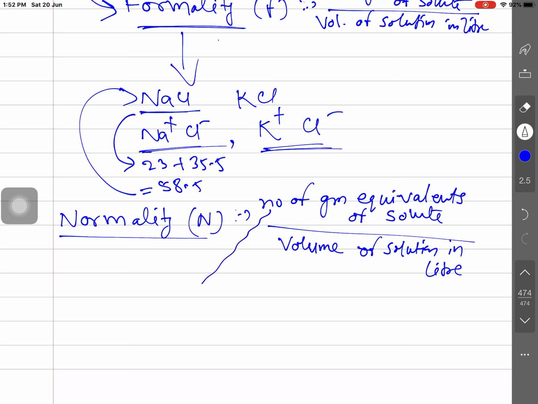Here, this is the new concept: the number of gram equivalents of solute.